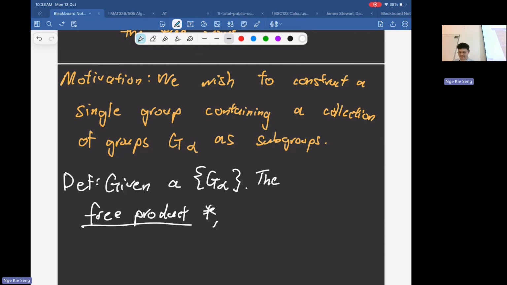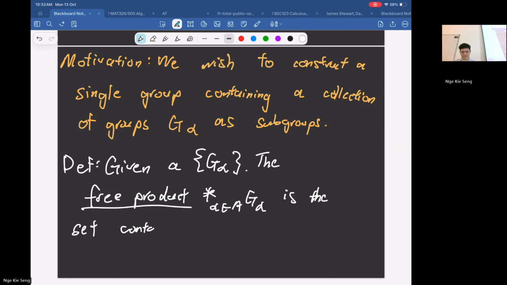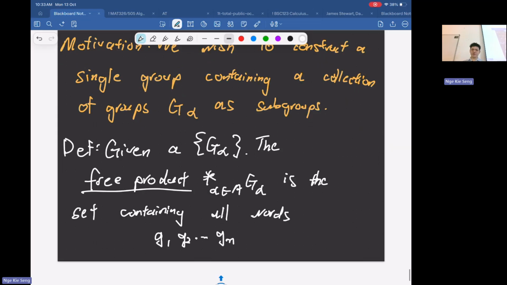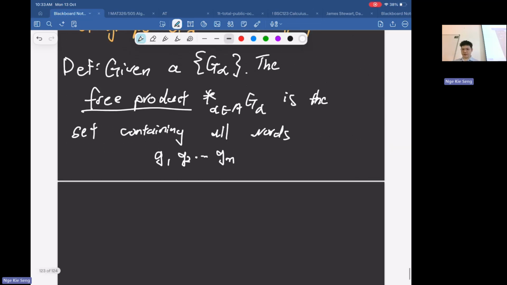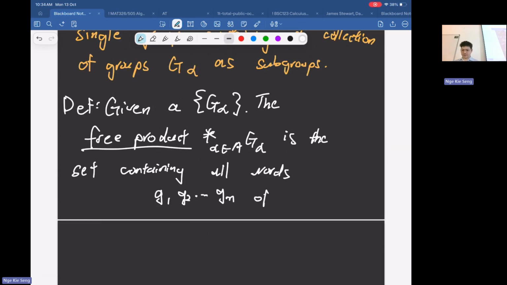This asterisk is defined by the set containing all words. Up to here it is still similar to a free group. You just take G1, G2, up to Gm. But where you pick each Gi is pretty important. This G1 up to Gm is of arbitrary finite length.